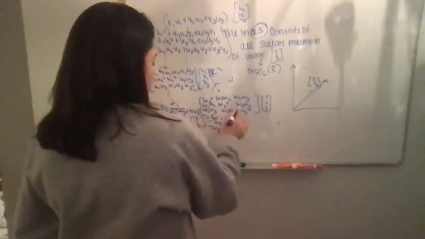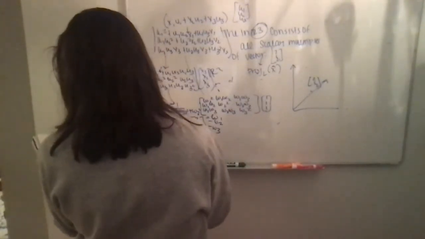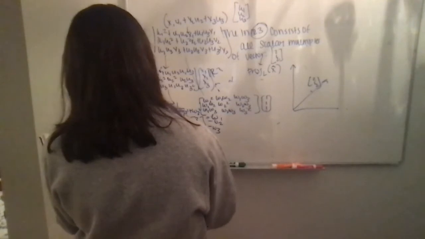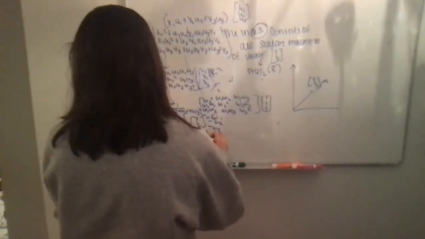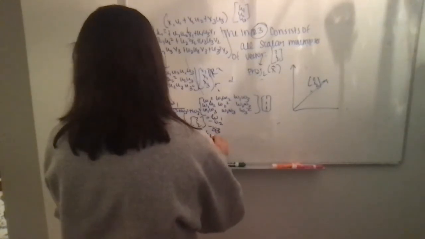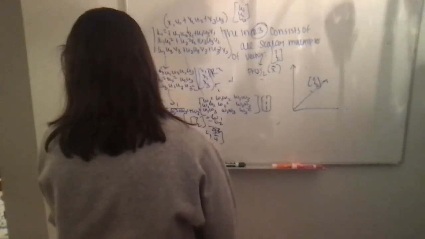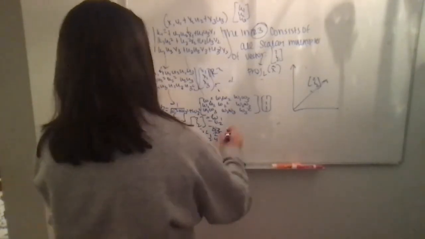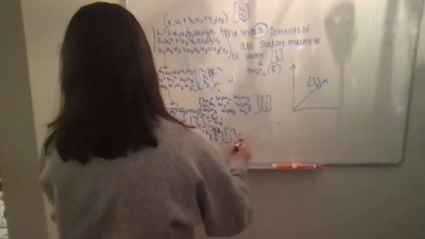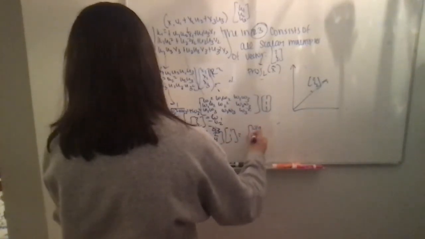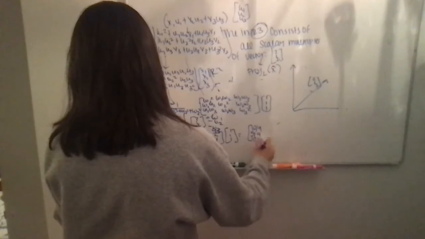So you plug all of this stuff in, you find the number that goes here, which would be 1 over 9, and you multiply it by this matrix, which becomes 4, 2, 4, 2, 1, 2, 4, 2, 4. You multiply that by 1, 1, 1, and the answer that you should get is 10 over 9, 5 over 9, 10 over 9.